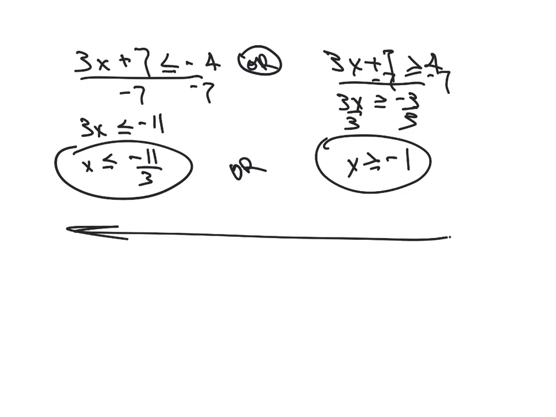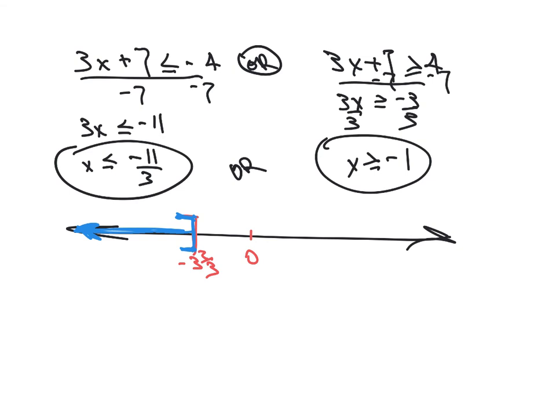So when we graph these, it goes back to the same way that we did before. If we're going to graph this, okay, negative 11 thirds, which is 3 2/3. X is less than or equal to, so we're going to make our cool little bracket there, and it's going to go this way.